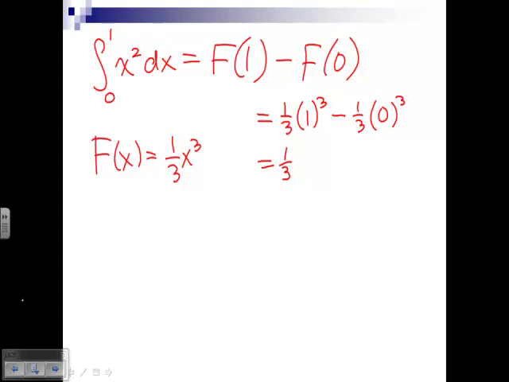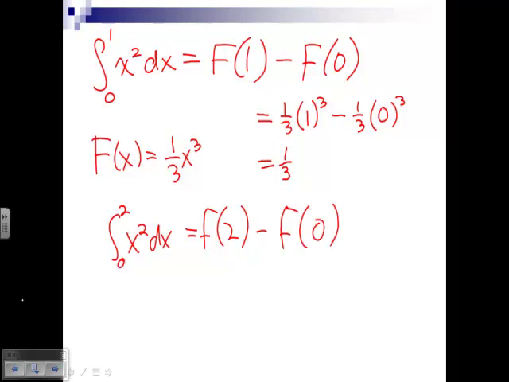Wait a second. What if this was the integral from 0 to 2 of x squared dx? It would be equal to big F of 2 minus big F of 0.